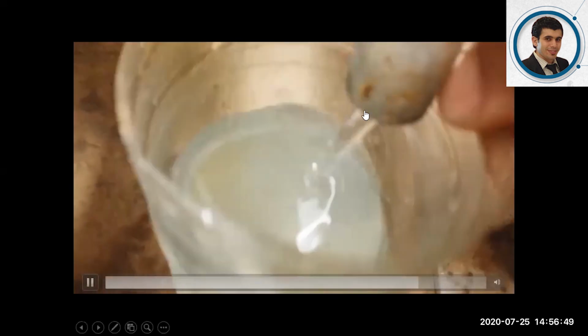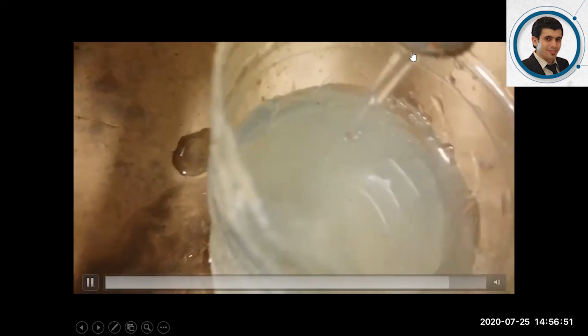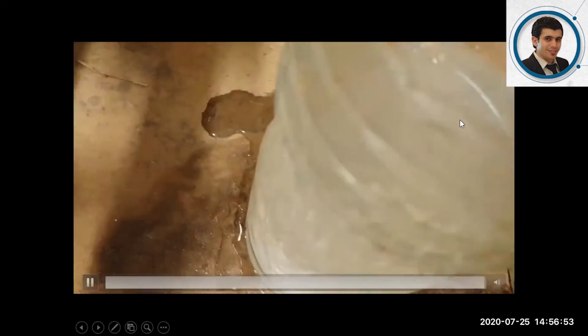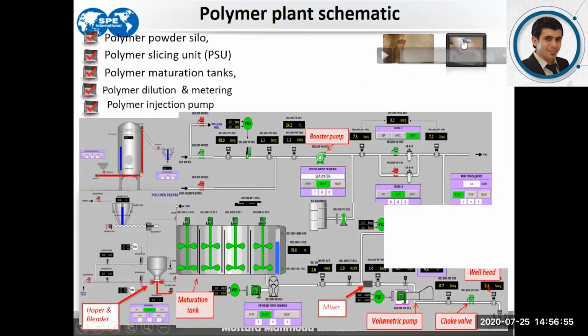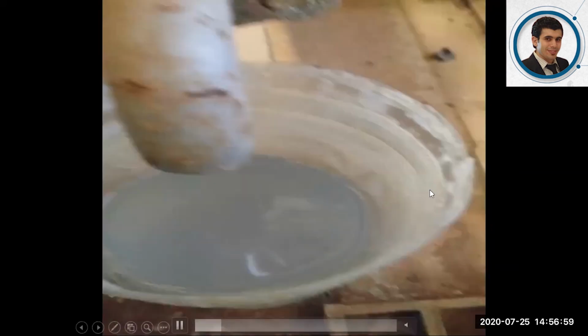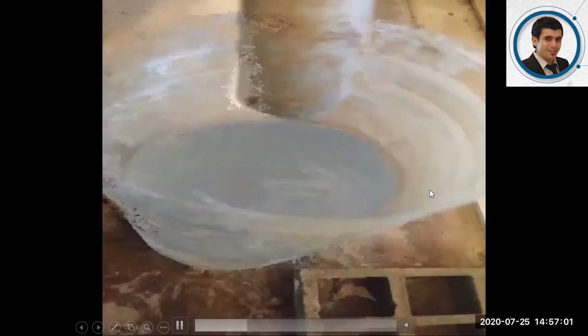So it moves very slowly. There is laminar flow. There is no turbulence at all. So it's another example and another illustration of the viscous solution. Of course, it offers a higher viscosity relative to water.